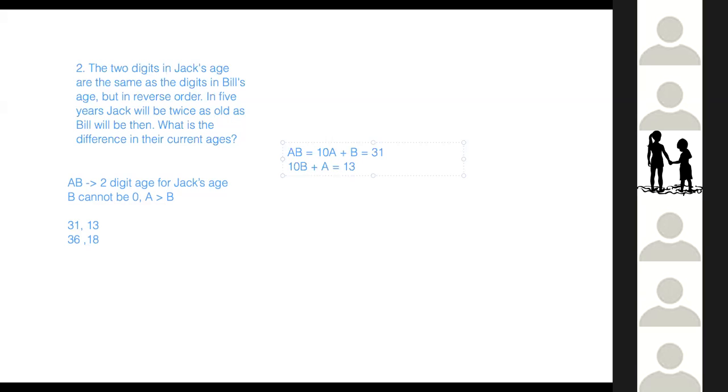After 5 years, we can do 10A plus B plus 5 is equal to 2 times 10B plus A plus 5. Once you combine like terms, you get 8A minus 19B is equal to negative 5.